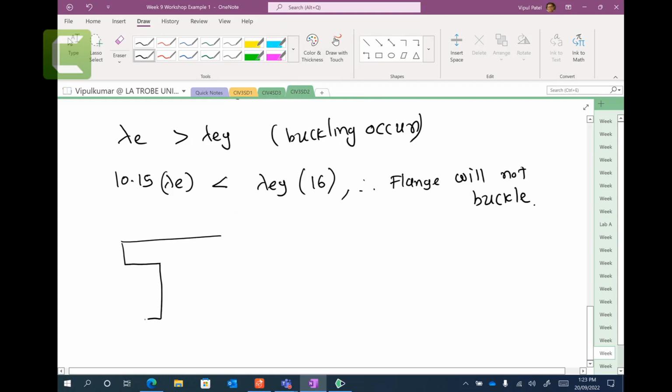if you have a flange, this flange will be fully effective, this area would be fully effective. If the buckling occurs, the buckling is going to occur like this. Buckling is going to occur like this.